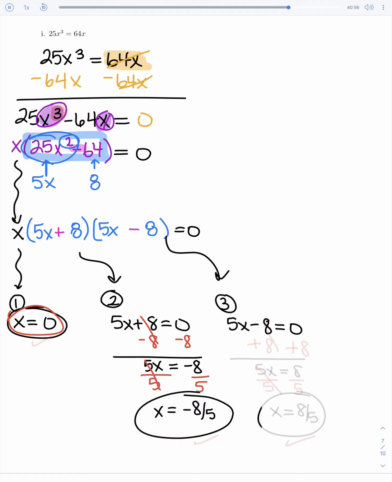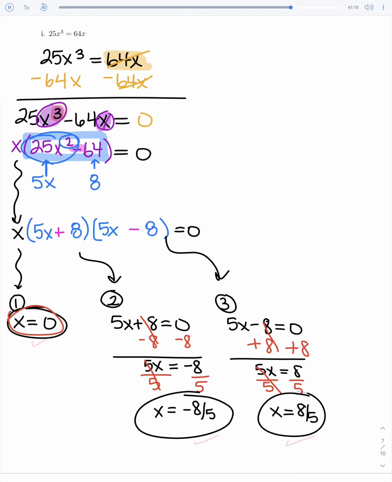And we just have one more equation to deal with. On the last equation, we're going to start by doing the opposite. We'll add 8 to both sides, which will get us that 5x equals positive 8. We'll still do the same next step. We'll divide both sides by 5, which will get us that x equals positive 8/5.